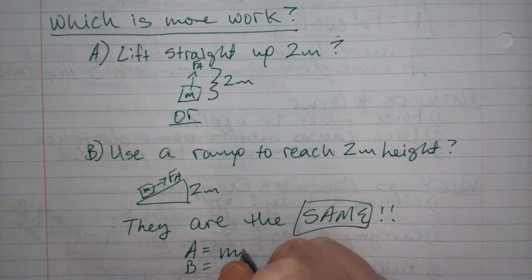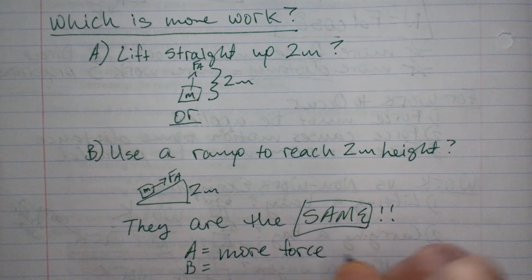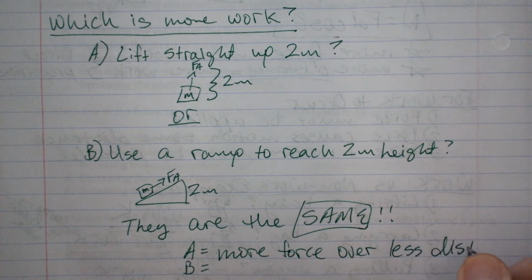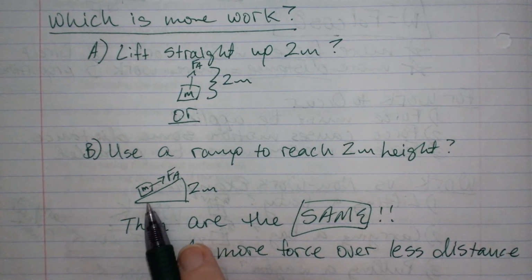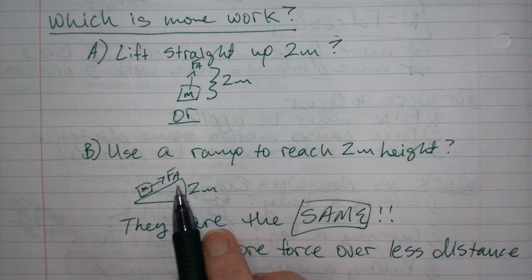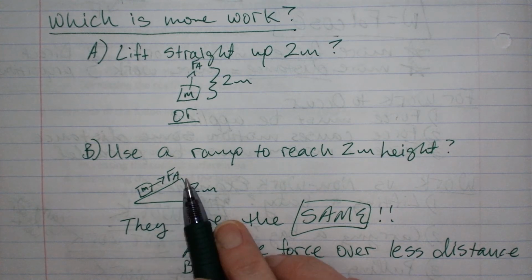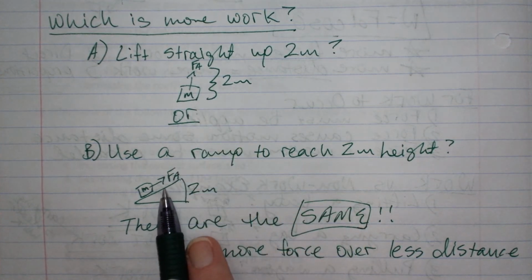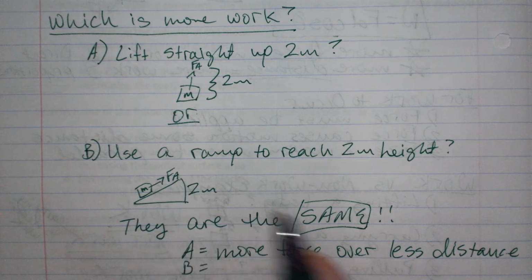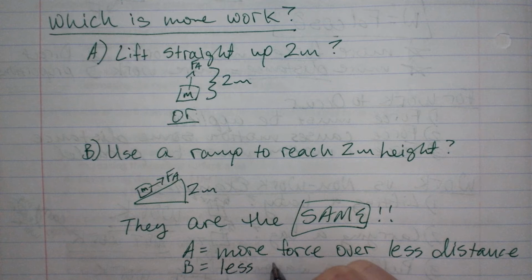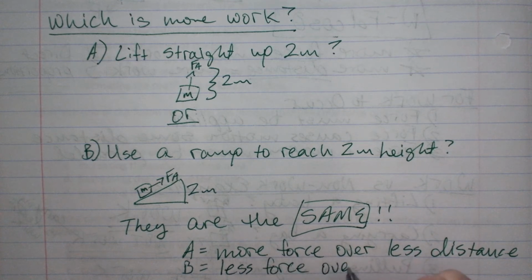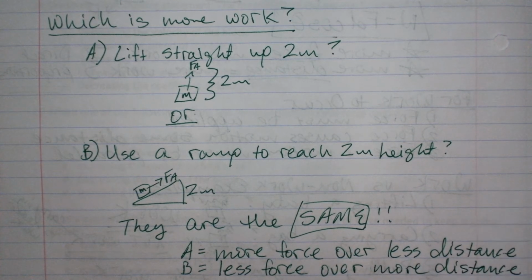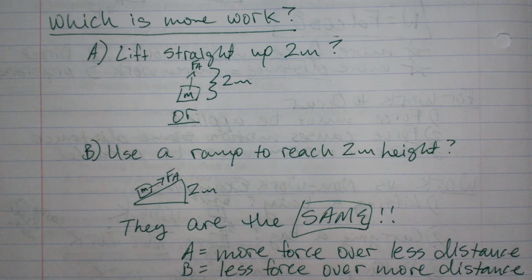So more force over less distance. But on the ramp, you're going through the hypotenuse, which is a greater distance, but the force is a component of gravity. A component of gravity means it's going to be less than gravity. This one, you're working straight against gravity. So this one, you have less force, but you have it over a longer distance. Either way, you're doing the same amount of work.